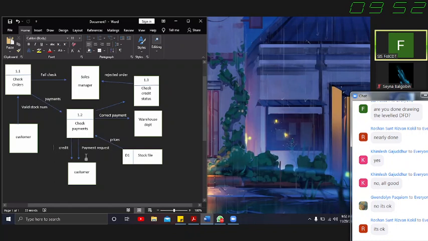You have stock file reviews, yes, customer credit and payment requests. Okay. Wherever customer makes the payment, here it is, but you didn't show it. You just say valid stock number. In the first data flow itself, you should put order details and payment with it.